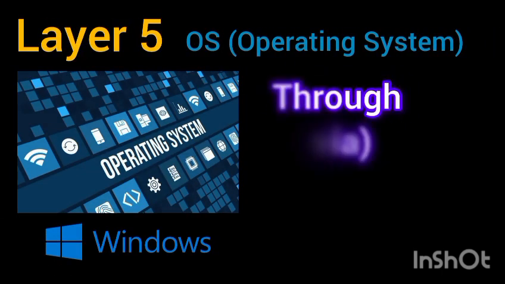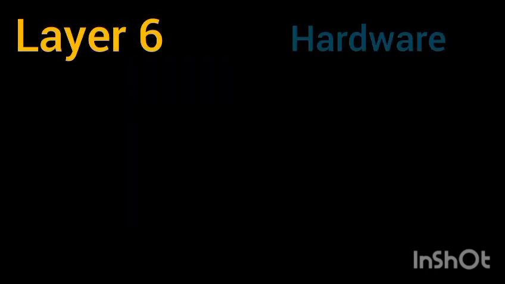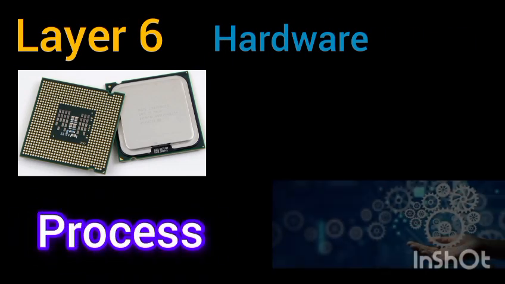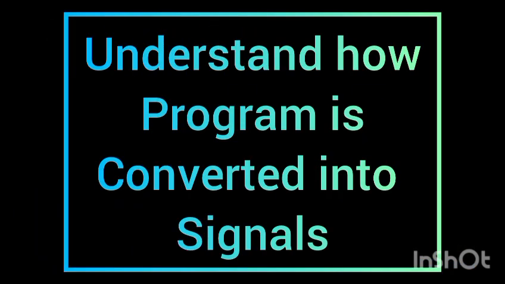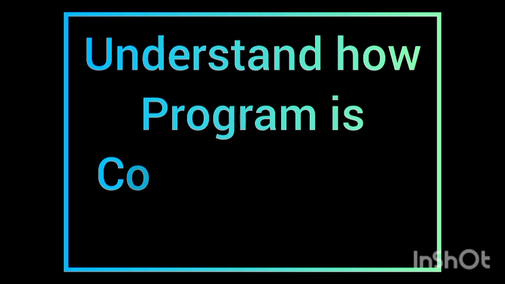The layer 5 is the OS, through which it goes to hardware, and layer 6 is hardware, which processes the entire code.